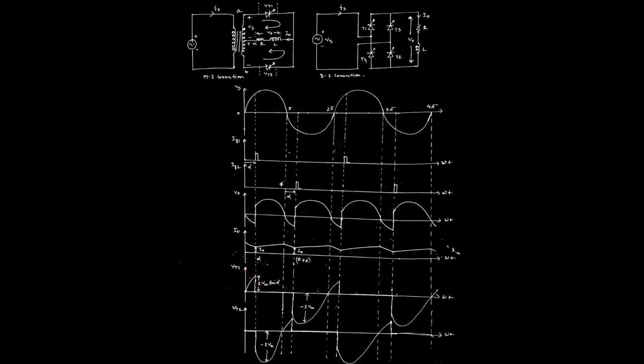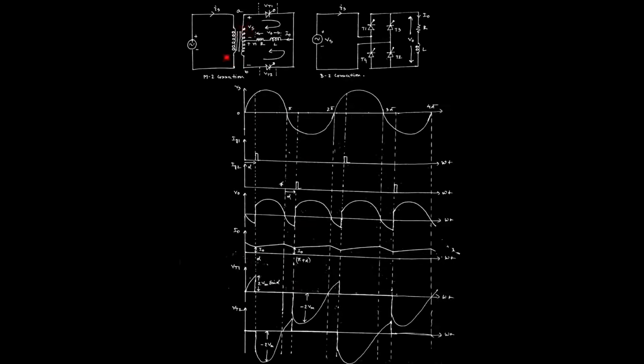Here we have taken a few parameters from the M2 connection circuit: Vs, the supply voltage; Ig1, the gate current across thyristor T1; Ig2, the gate current across thyristor T2; V0, the output voltage across the load; I0, the output current through the load; VT1, the terminal voltage across the first thyristor T1; and VT2, the terminal voltage across thyristor T2.